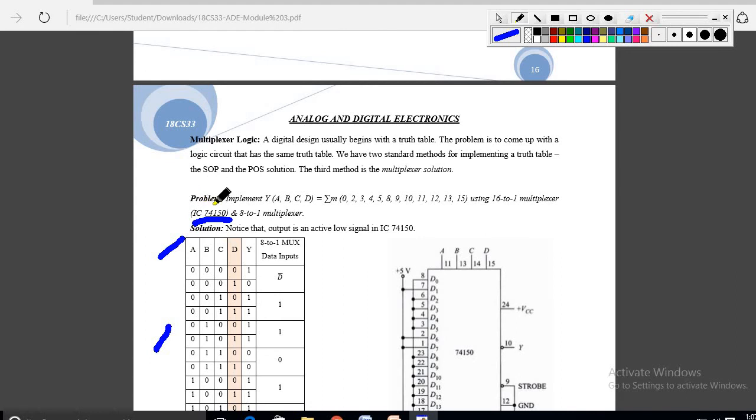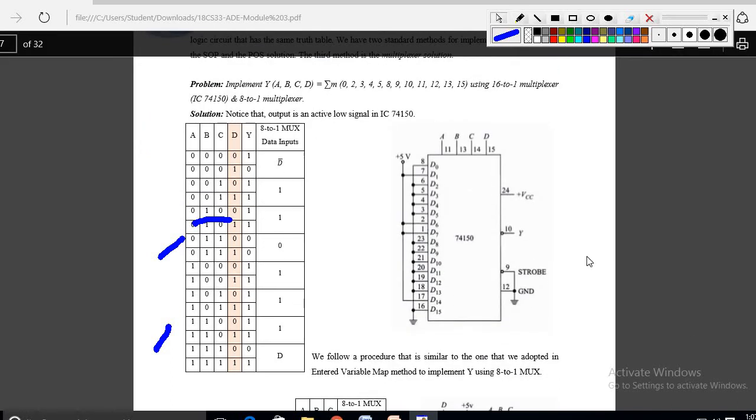Why is it 74150? Each IC has its own particular IC number, and for this 16:1 multiplexer we are using 74150. This is how the pin configuration of the 74150 IC looks.